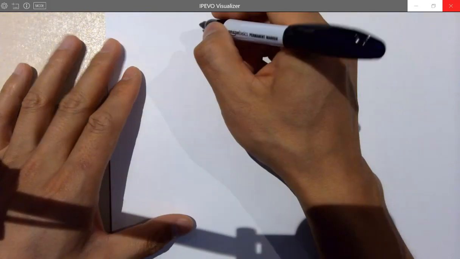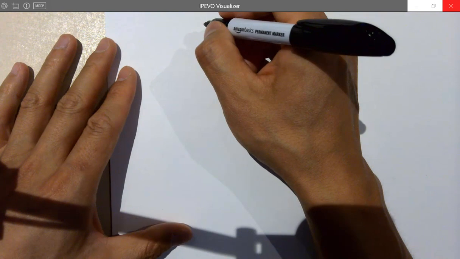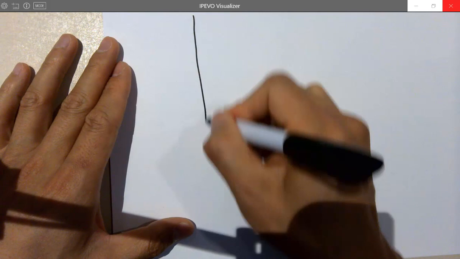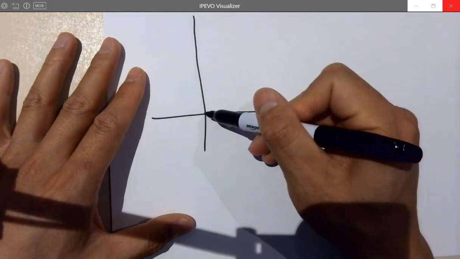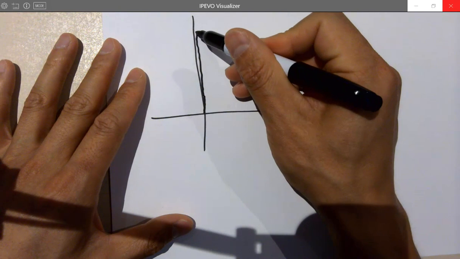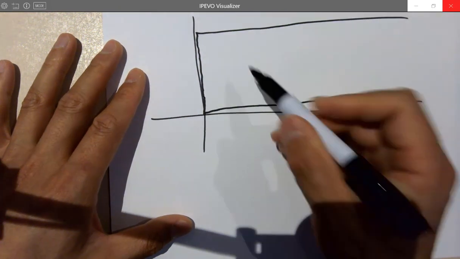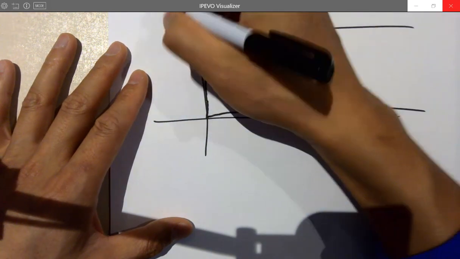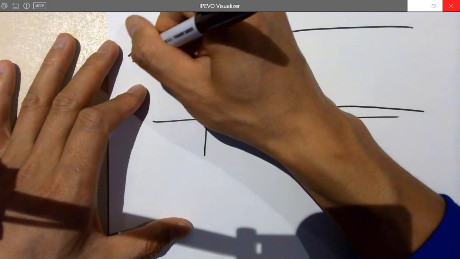So for example, for the same example, I'm going to draw this IV curve one more time over here. That's an extreme case. That's a cutoff case. So this here is 2 milliamps. It's called IC sat.